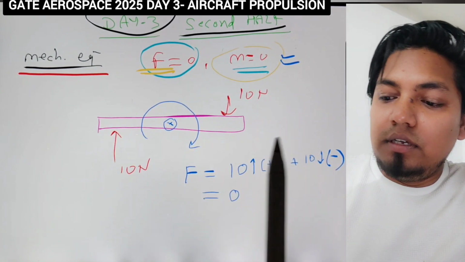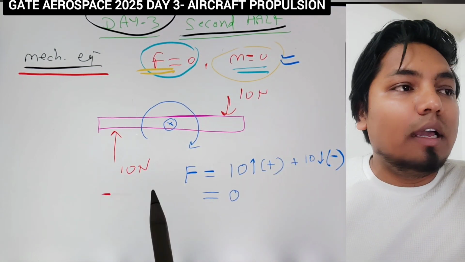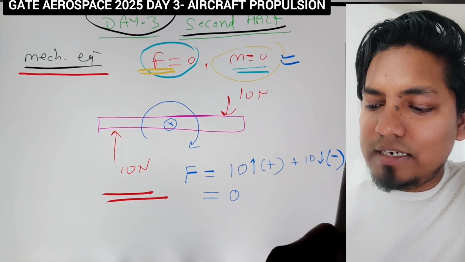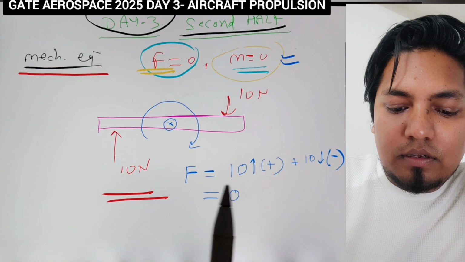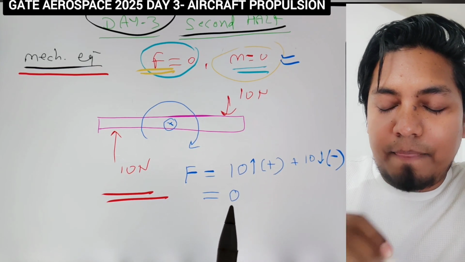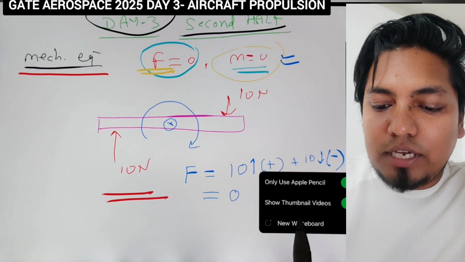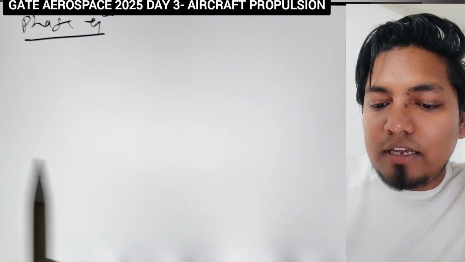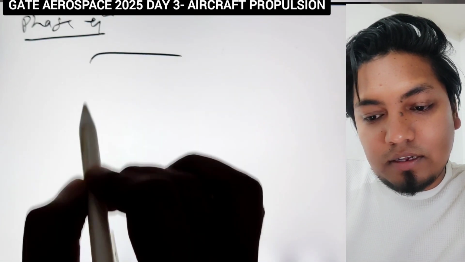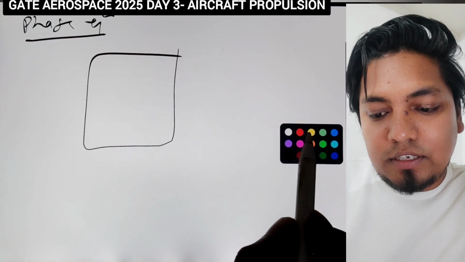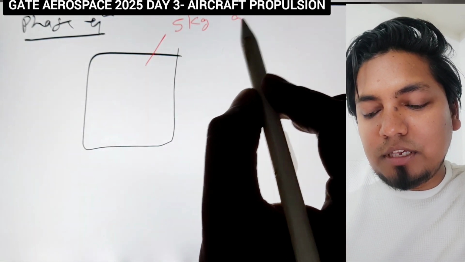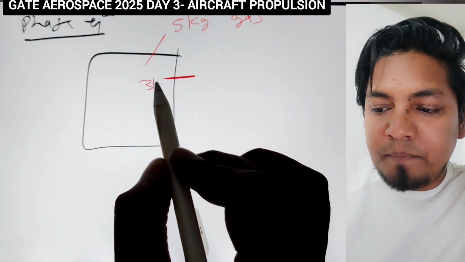Right. Now I am going to explain the concept of the fourth one, that is phase equilibrium. Very interesting and simple. What is the meaning of phase equilibrium? Suppose I have a system. In this system, I have taken 5 kg in gaseous state, 3 kg in liquid state, and suppose 1 kg is in solid state.